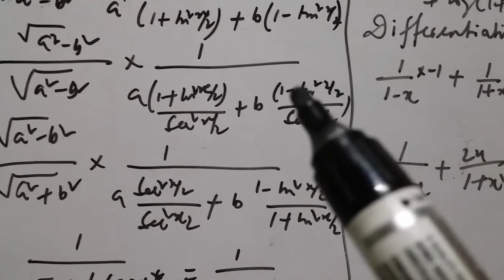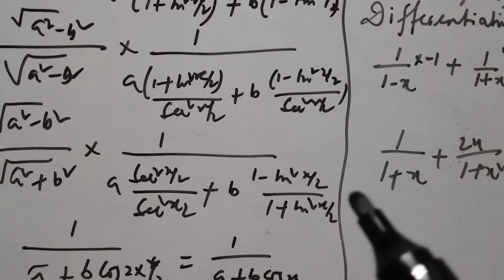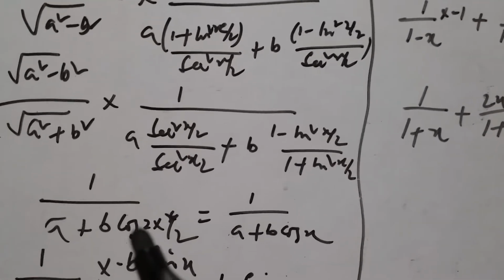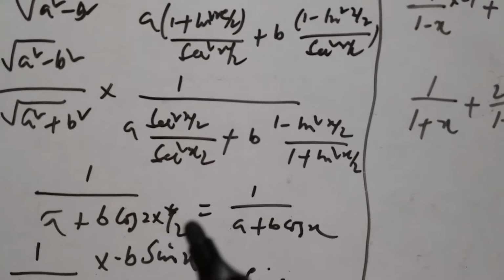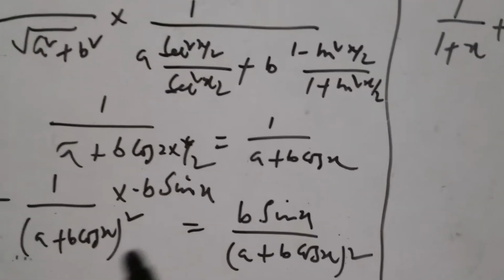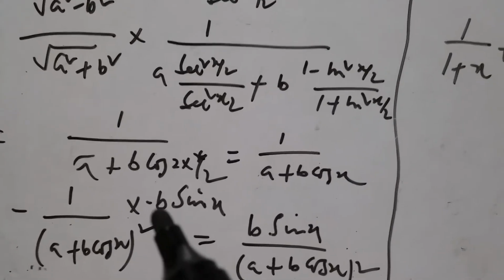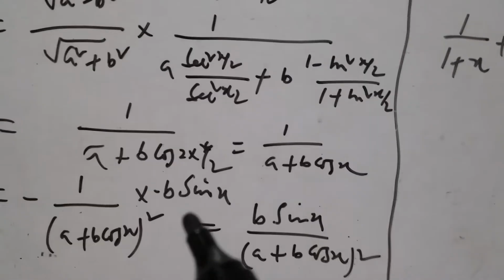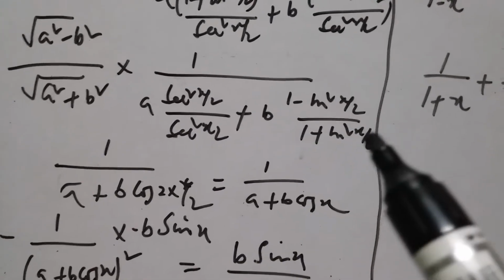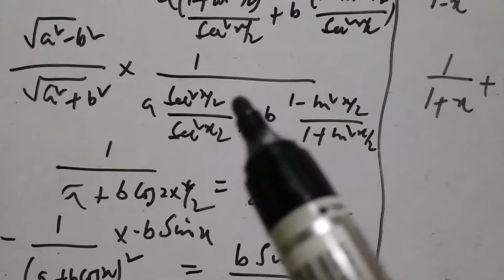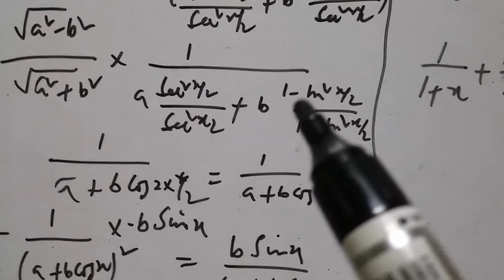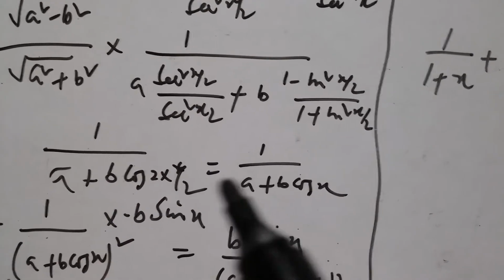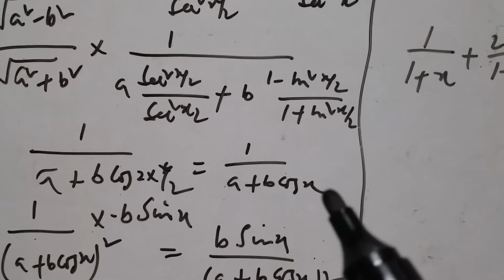And here 1 minus tan square x by 2 by 1 plus tan square x by 2 is equal to cos 2 into x by 2. So cutting, here we get a plus b cos, and this is the formula of cos 2x, so cos 2 into x by 2, hence a plus b cos x.